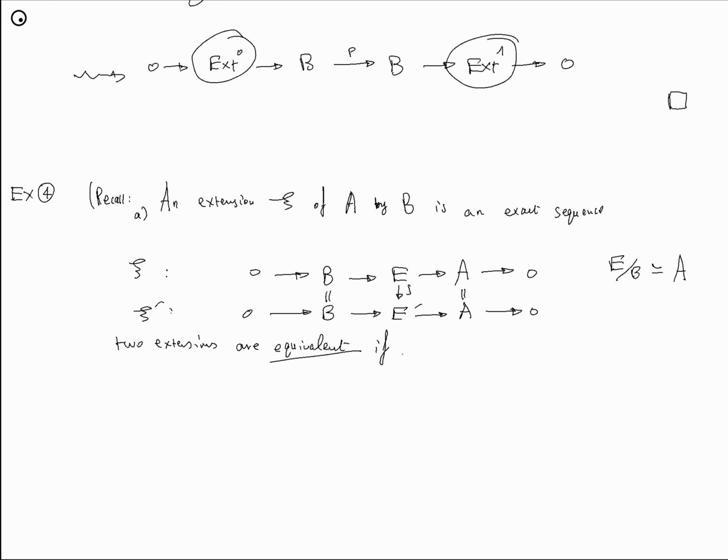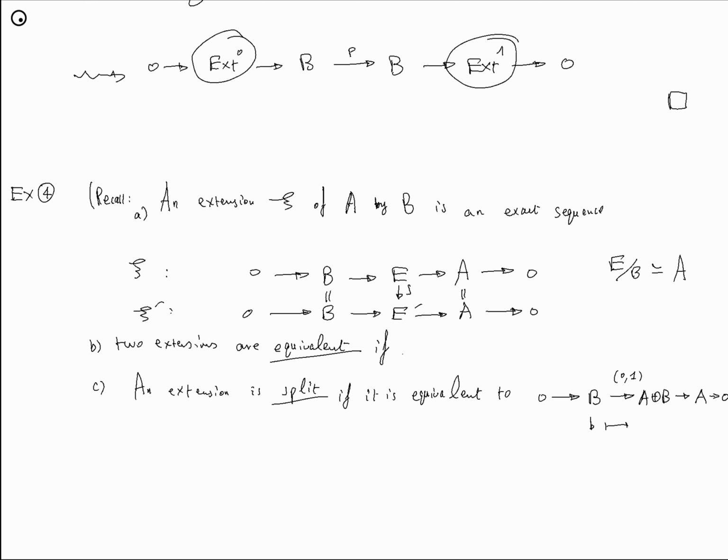This is saying that the extension is trivial or split if it is equivalent to 0 to B to B plus A to A to 0, which means elements map to the second position. This is just a projection map.